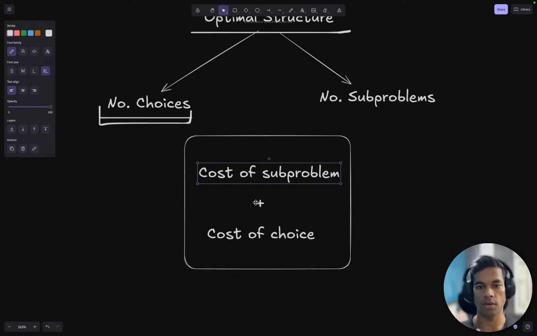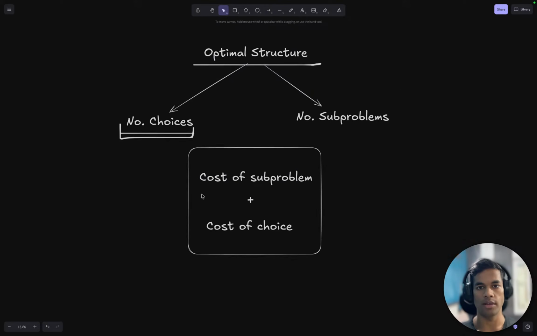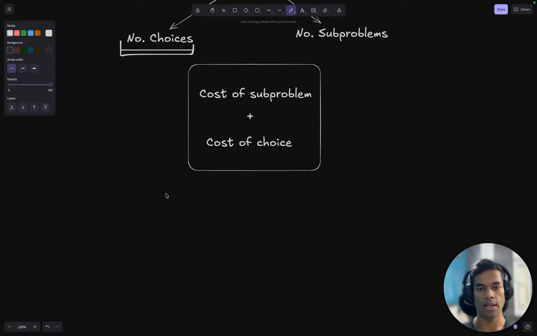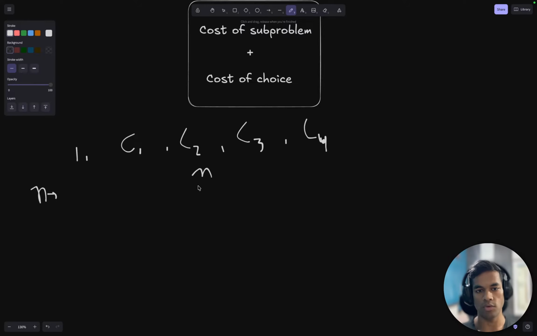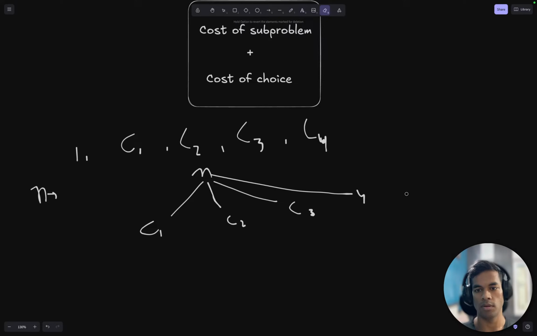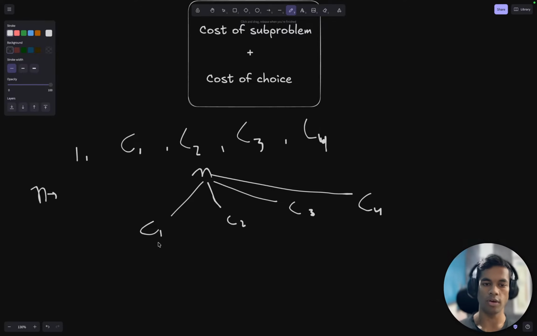So when we make a particular choice, for example in the coin change problem, when we want to get to a sum of n, and we have choices C1, C2, C3, C4, which are the coins that are available, we have four choices.